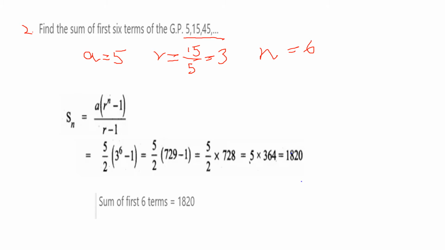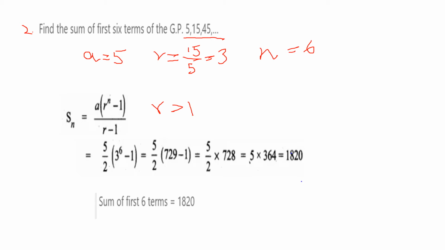So here R is 3. So we use this formula Sn equal to A into R power n minus 1 by R minus 1. If R is greater than 1, we use this formula.